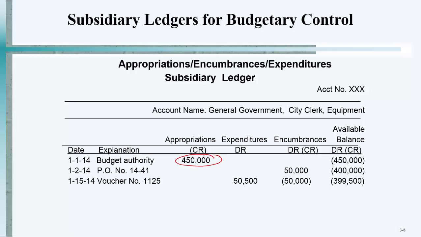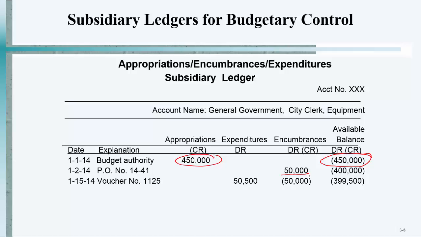We credited the appropriation when we got the legal authority to spend, so we have a credit balance in there, right? We order that very expensive printer, and we debit encumbrance, and when we do, our budget authority comes down to what? The amount that we have available comes down to 400,000, doesn't it?